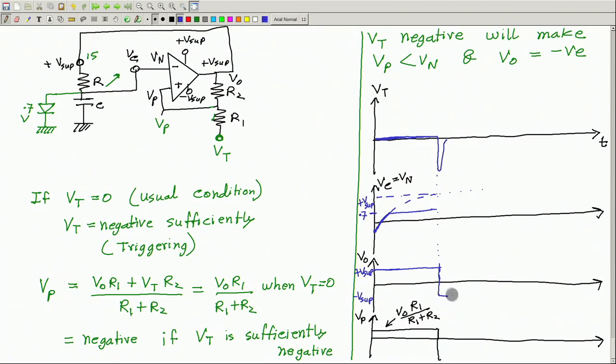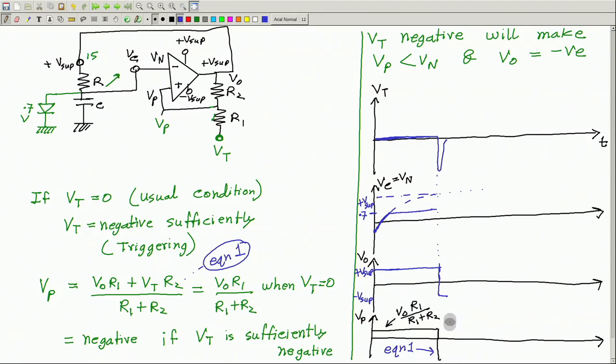Okay. Now, when the output is negative, okay, then what happens? So, now you see, in this region, say let me call this equation 1. So, here equation 1 is valid. Okay.